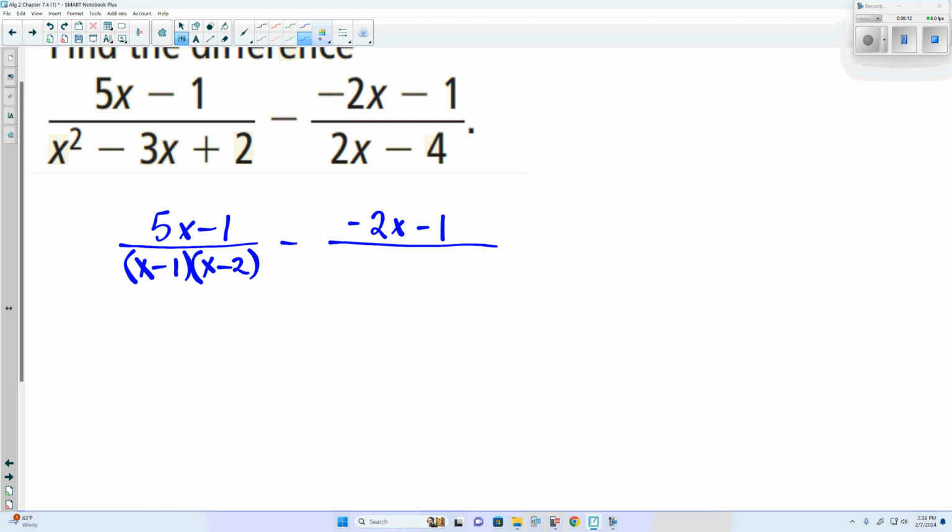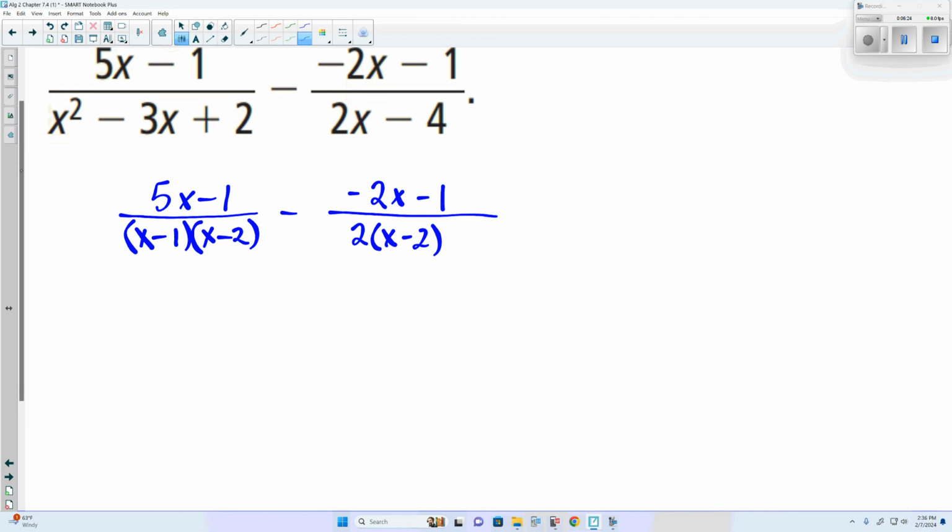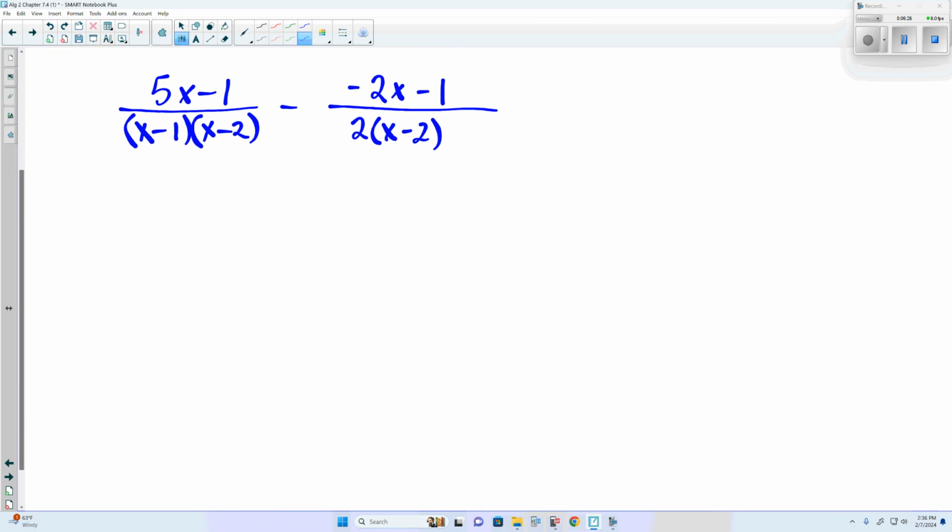2x minus 4, how can we factor it? Greatest common factor of 2, yes. And if we factor it out, we're left with x minus 2. Now for us to be able to add or subtract, we do need to get the denominators to be the same.